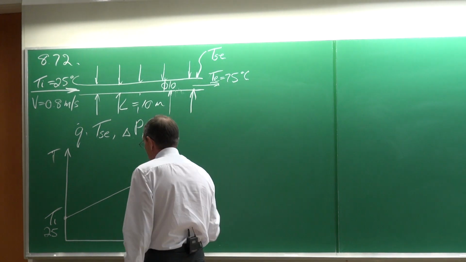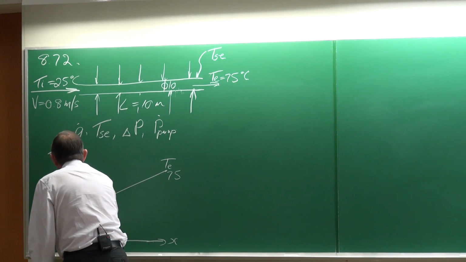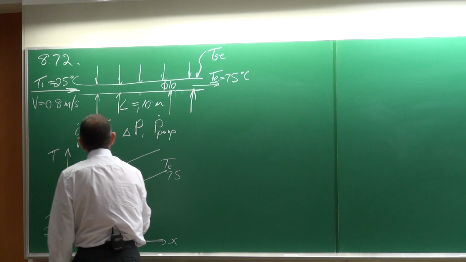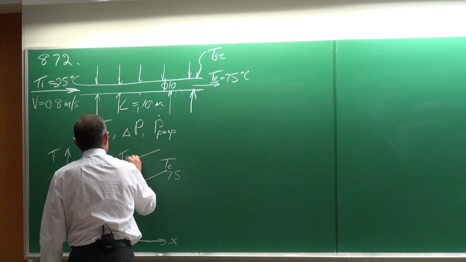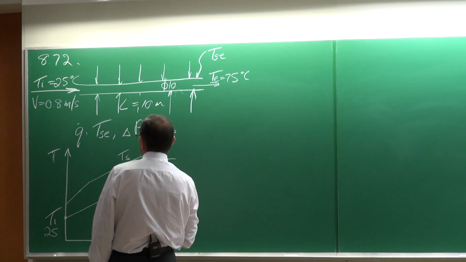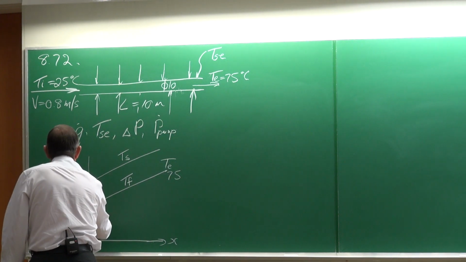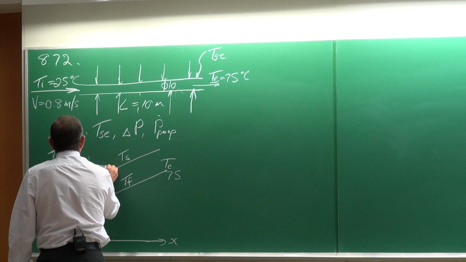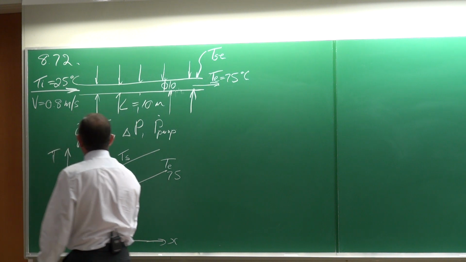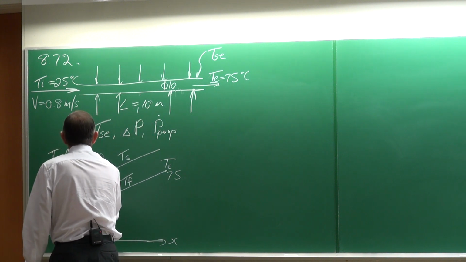Surface temperature, we'll do something like that. That is Ts, that is the temperature of the fluid, and that would be the separation between fully developed flow, FD fully developed, and developing flow on the left-hand side.